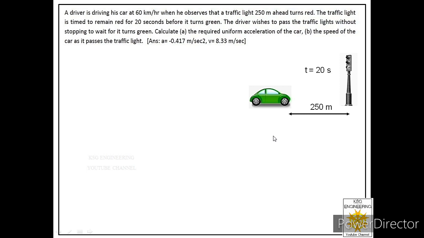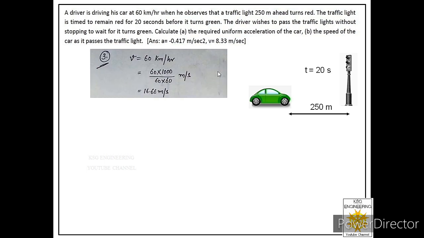Okay, so for this, let us first see what is the initial velocity of the car. The initial velocity of the car is given to us as 60 km per hour. And we are given other distances in terms of meter. Over here, you can see 250 meters are given. So let us first convert the velocity of the car into meter per second.